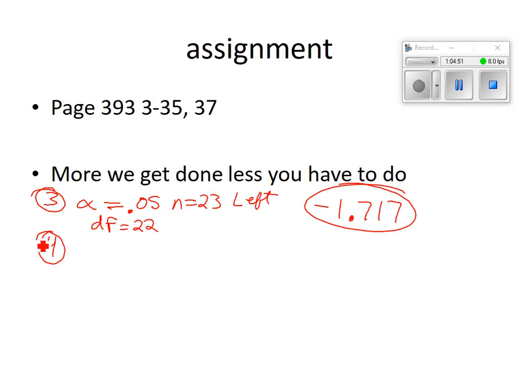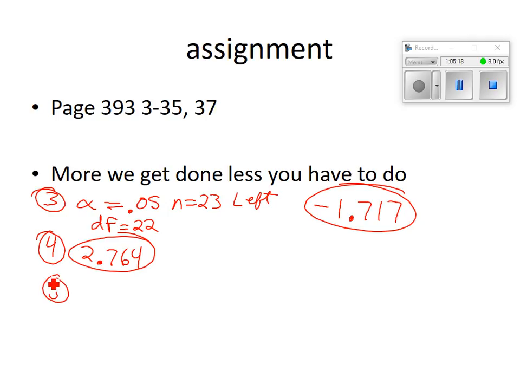That sounds right. Right-tailed, so we're one-tailed on 0.01. Yeah, that would be right. 2.764. Is it positive or negative? Positive. That's our answer.